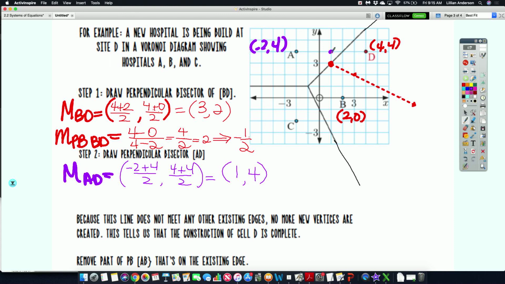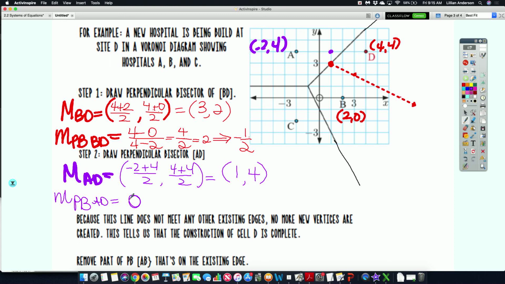And now I need the gradient of my perpendicular bisector of AD. Well, can we kind of see already what is the slope of AD? If I were to draw a line that connects A to D, it would be a horizontal line. What's the slope of a horizontal line? 0. It would be 0. Okay?